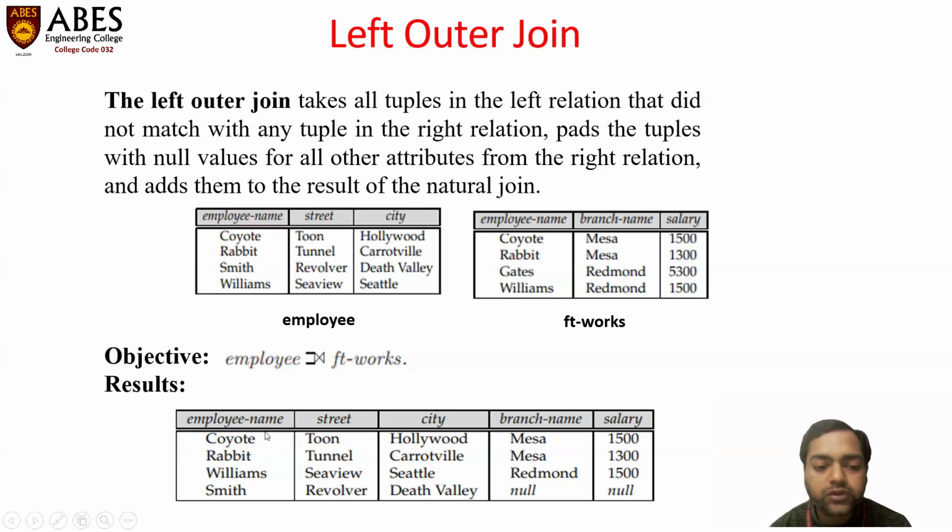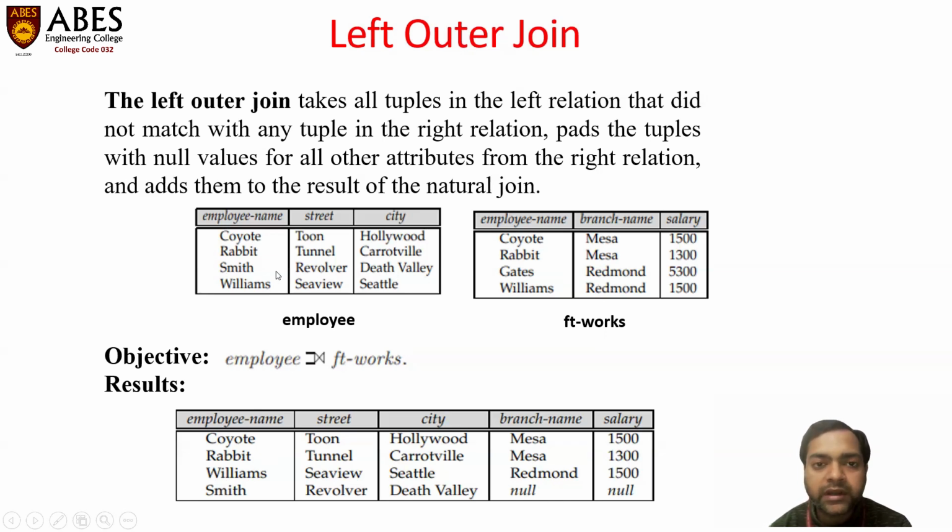So we'll use natural join, and we'll get Coyote, because this tuple has a match tuple here. Rabbit also has a match tuple here, and Williams also has a match tuple here. But when we look at the left relation, the Smith tuple does not have a match tuple in the right relation.